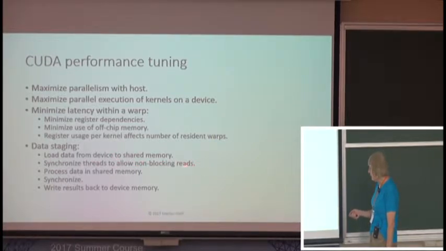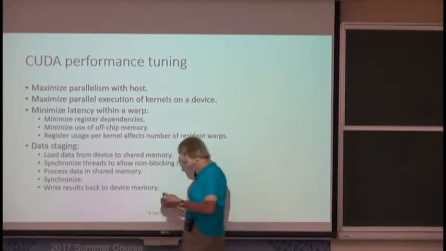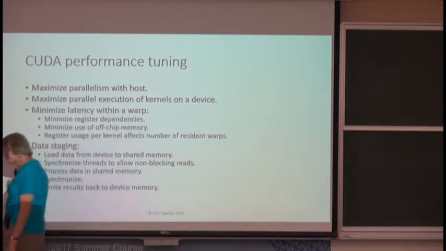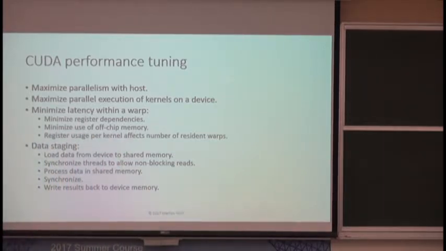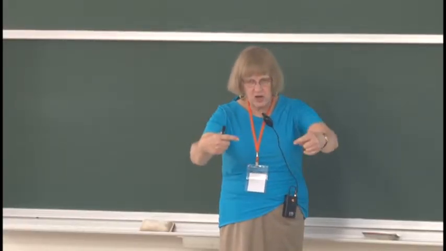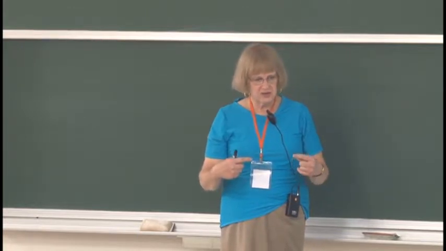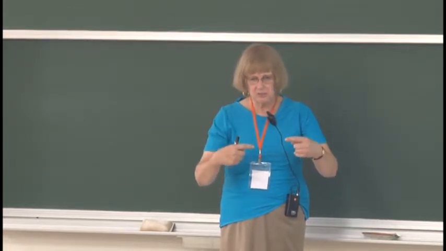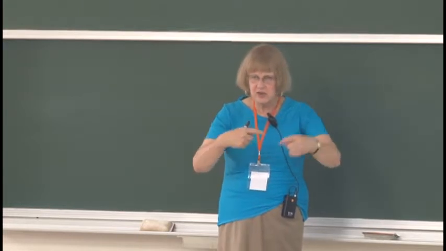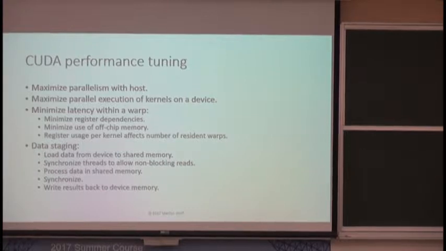You want to synchronize all the threads so that the reads don't block each other. Right? You don't want a bunch of threads going to the same part of memory, all their accesses to slightly different locations, such that they interfere with each other. You want to process data in shared memory that you can.